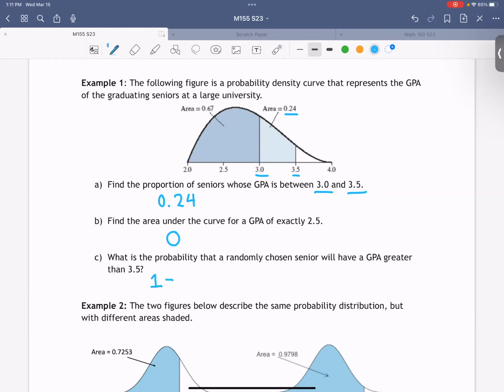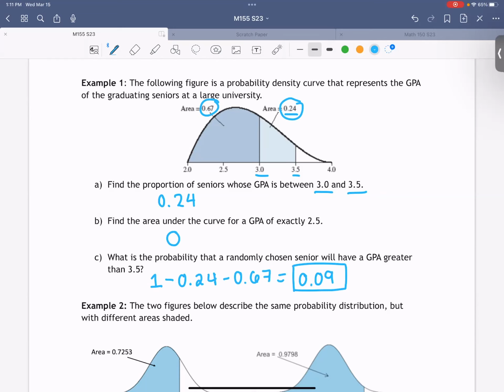I would subtract off this area that I already know, 0.24. And then I'd also subtract off the 0.67 because I'm not interested in that either. And what I'm left with is 0.09, which has to be the remaining part, the area I didn't know. Okay. Any questions on how I found A, B, or C?